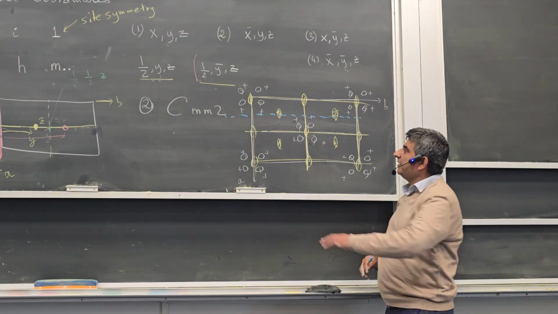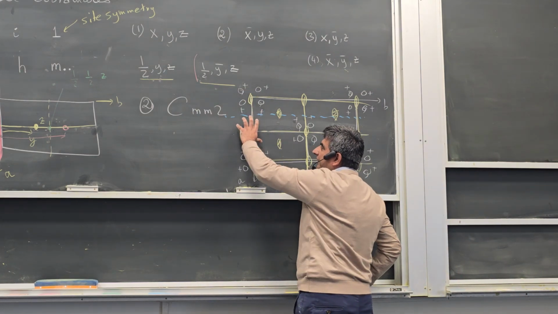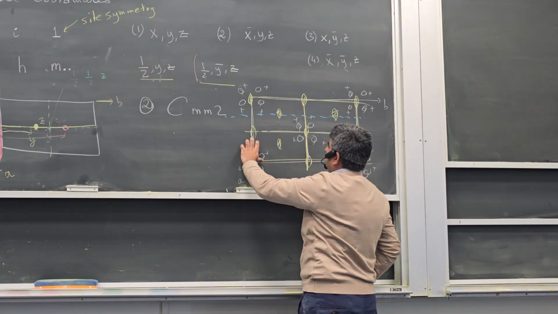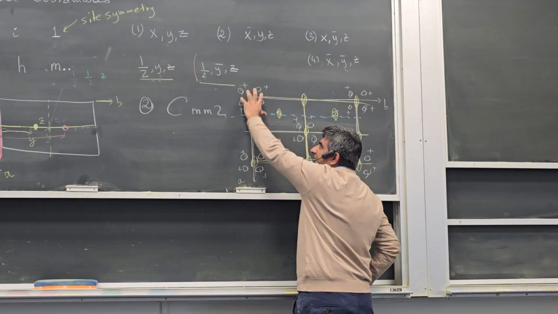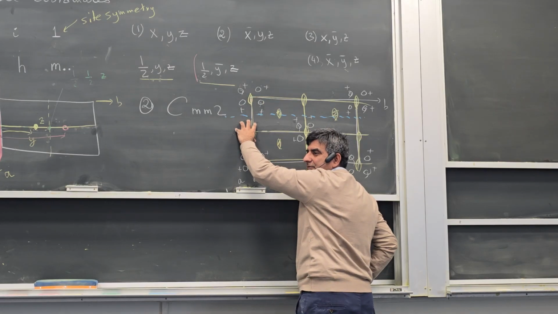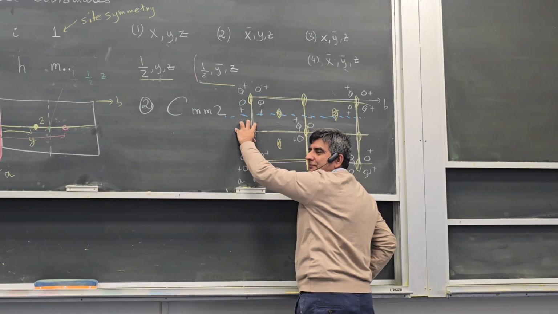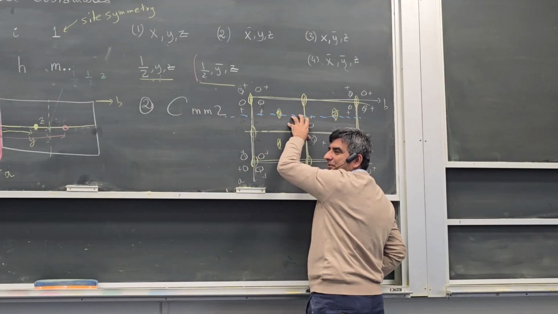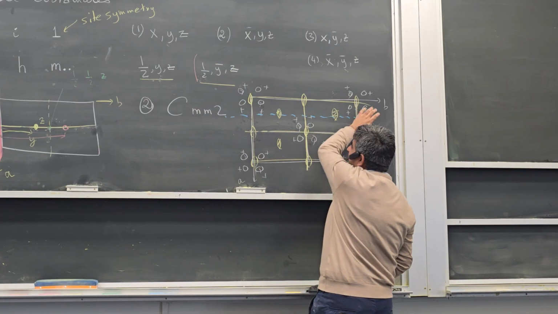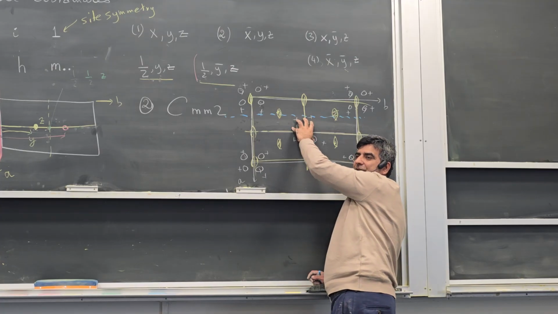Correct? Now if I reflect this object, this object will come here. Correct? The entire object will come here. And then I translate parallel to the mirror plane in the B direction by half units.